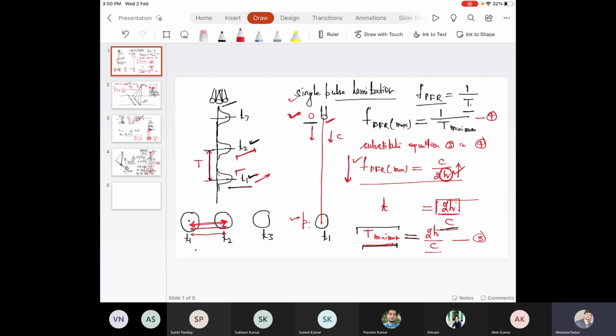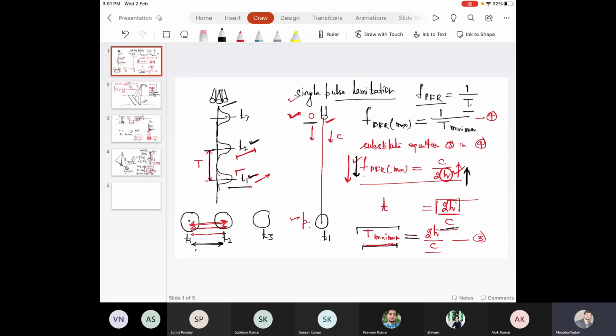If you increase flying height h, you can see what I'm writing on the screen. So this h increases, what will happen? It is inversely proportional, so this will decrease. When this decreases, the gap will increase.